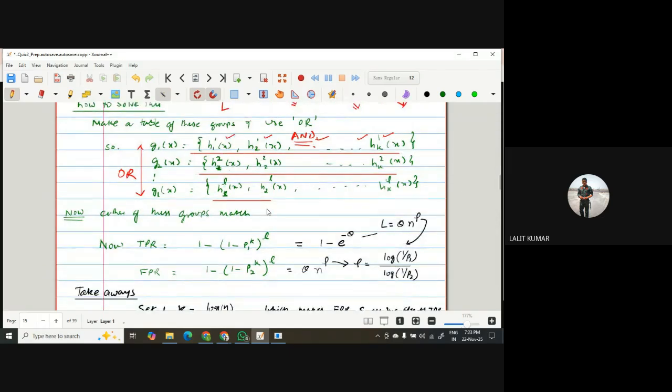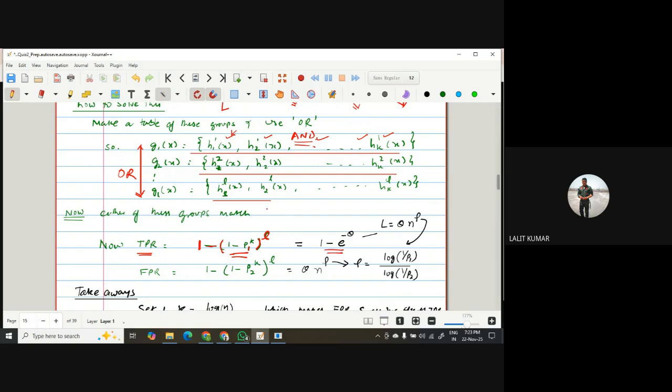Now for OR, your TPR will become 1 minus the probability that collision has not taken place. So it becomes 1 minus p1^k, where k is the number of hash functions, and how many tables are there? L. 1 minus this probability that collision has not taken place is 1 minus e to the power minus theta.